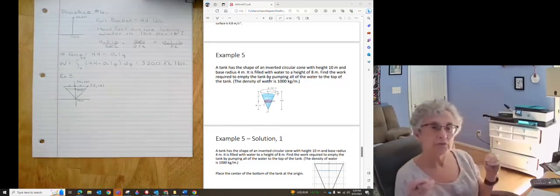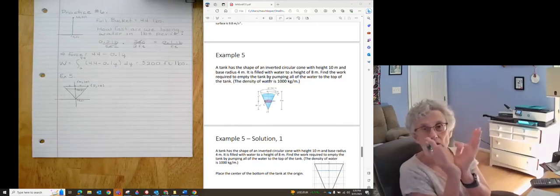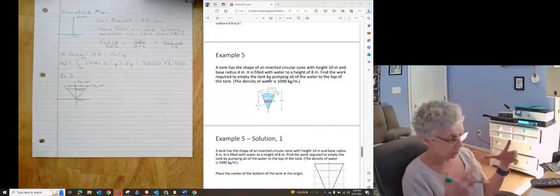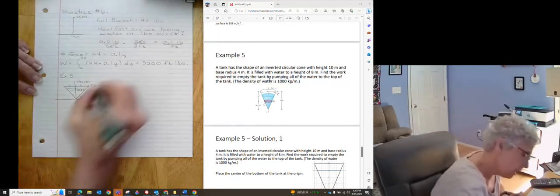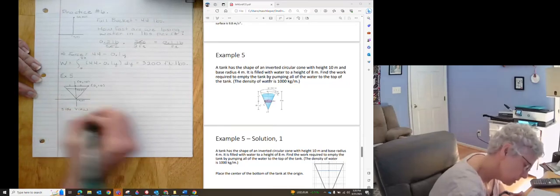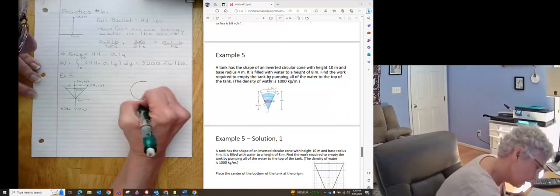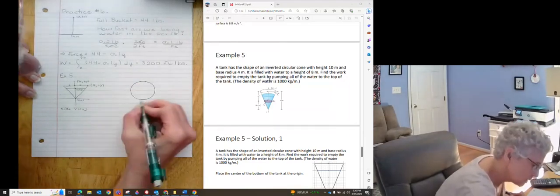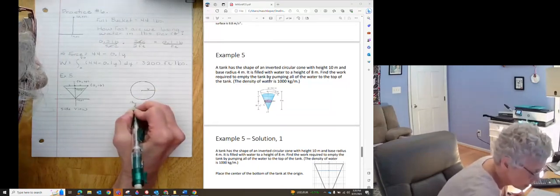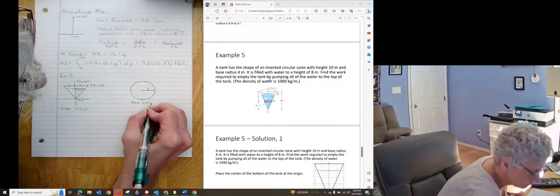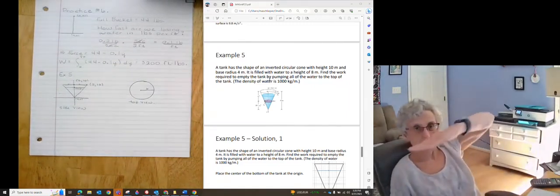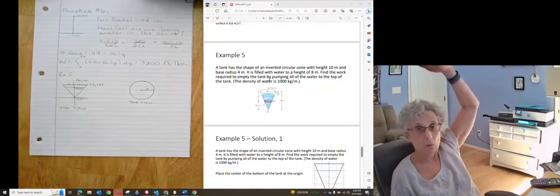I'm going to need a function to represent this triangle, and actually just a side of this triangle. Because if we look at this tank from the top, this is my side view. I look at it from the top, it's a circle with radius x. But I'm making slices, slice, slice, slice, all along my y-axis.